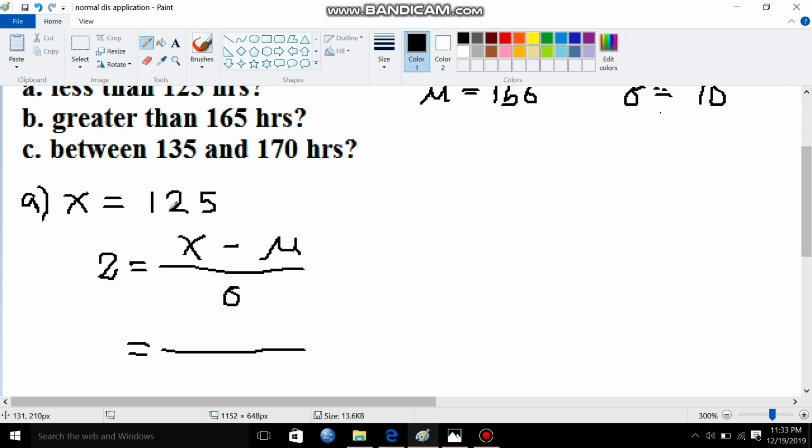In this example, X is 125, minus mu, which is 150, and the standard deviation is 10.